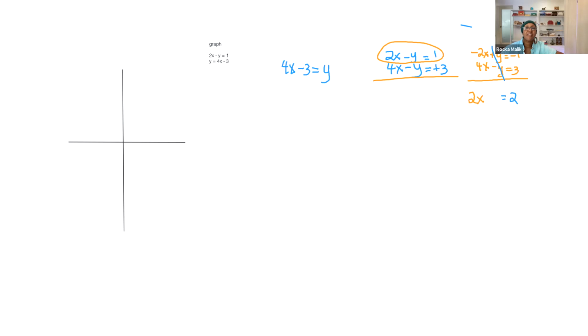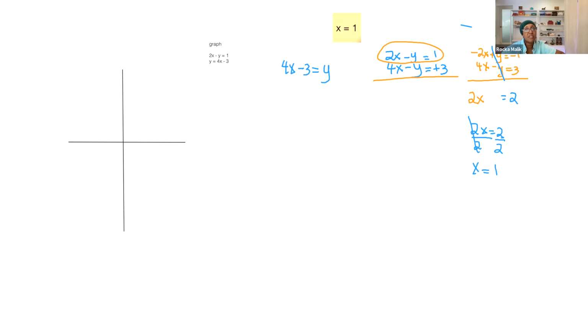Okay. So I have 2x equals 2. I divide by the 2, because I want to get the x's by itself. X equals 1. So I'm gonna keep that. I'm gonna post that and keep that someplace. X equals 1.